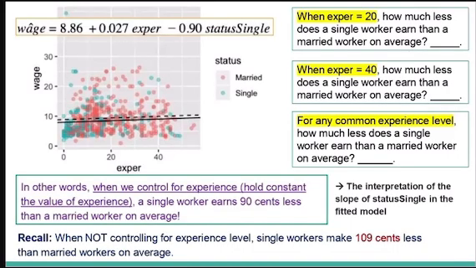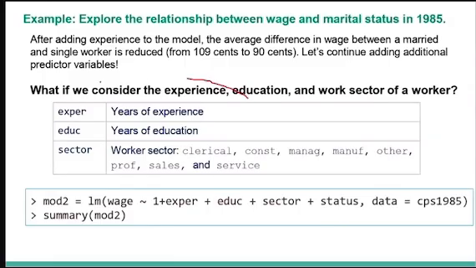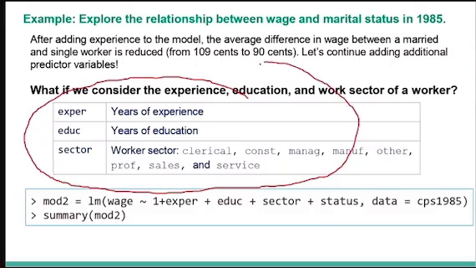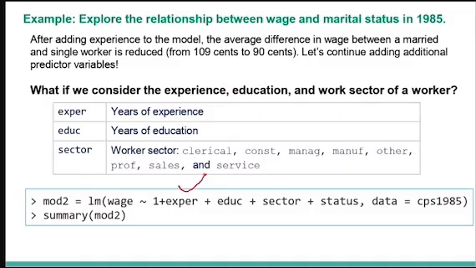Because of that, in addition to experience, we want to consider years of education and the sector a worker belongs to, because we believe the sector may also have a potential connection to the wage. If you take a look at what I have right now, oh my God, I got a lot of explanatory variables: the years of experience, the years of education, the sector the worker belongs to, and the marital status.